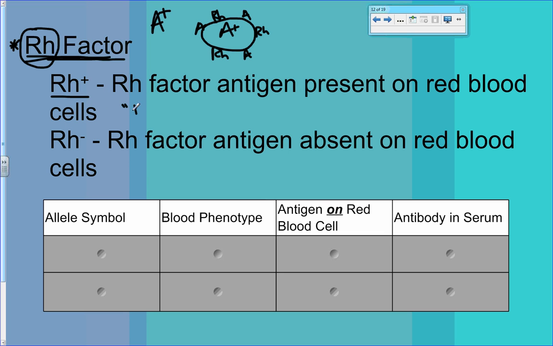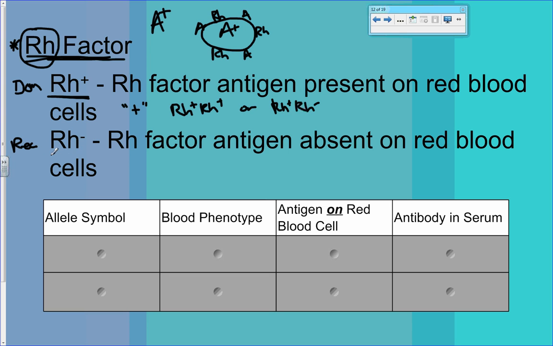So what does that tell you about the Rh positive allele? It's dominant. The Rh negative allele is recessive. So somebody who has the Rh negative allele, that wants you to have no Rh factor on your blood. So a person with this, if they're what we call negative blood, that means their genotype has to be Rh negative, Rh negative.